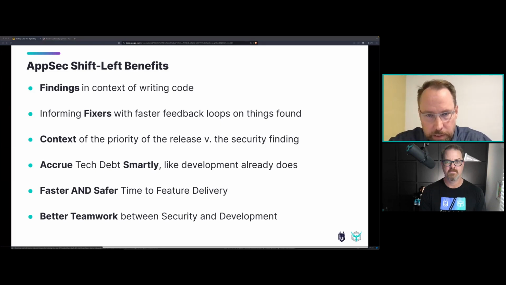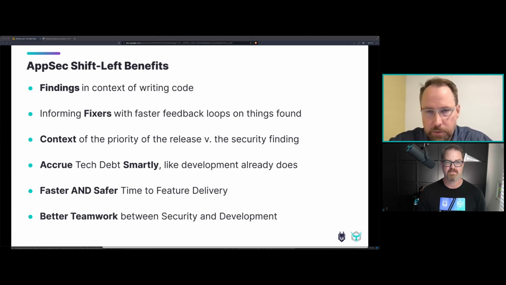I also like the line here about accruing tech debt smartly, which I think is an important aspect of it. Again, in the world of development, in the world of applications, even if you're not a developer, I think we all know how apps work. We know that every app has some bugs in it. That never becomes a number that's zero for any app that's more than 10 lines of code. And security is really the same way. I think it's understood by a lot, but it's not said very often that you're never going to get to zero security vulnerabilities in an app.